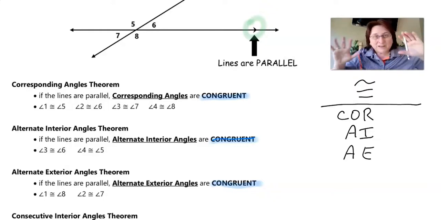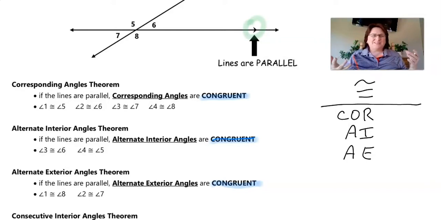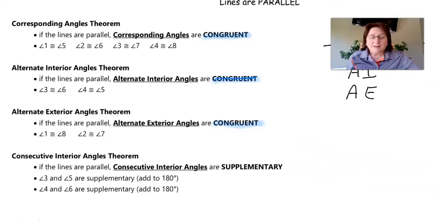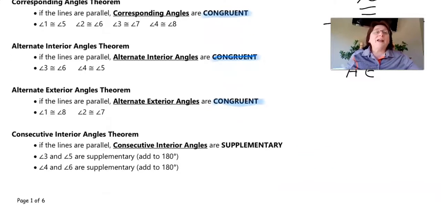Wait a minute. So far, what we've seen is just the congruent angles. Just a second ago, it said that they would be congruent or supplementary. Well, the next one is right down here: consecutive interior angles. Consecutive interior means that they are on the inside of the lines, but on the same side of the transversal.